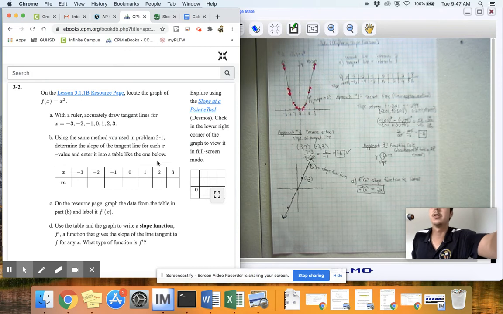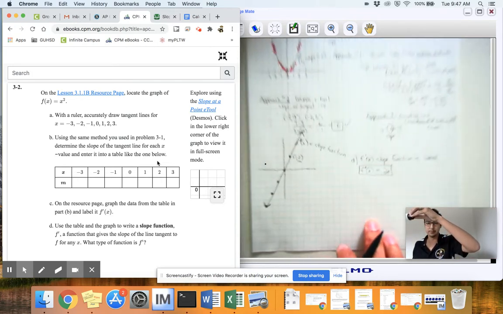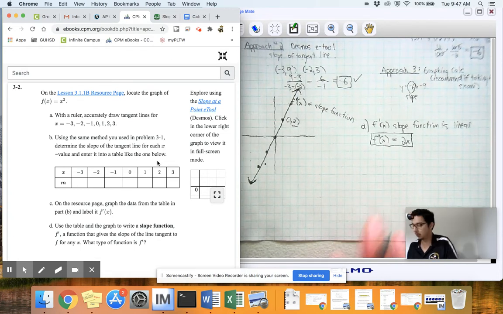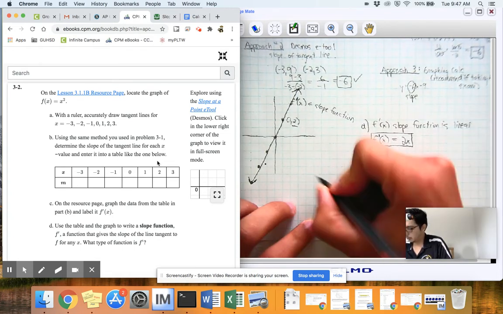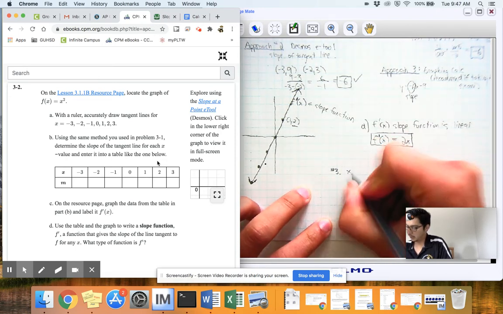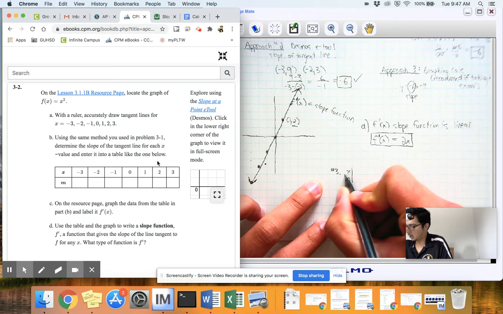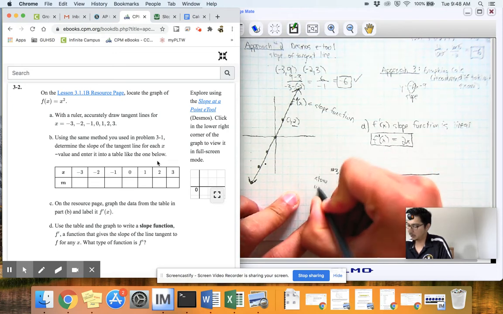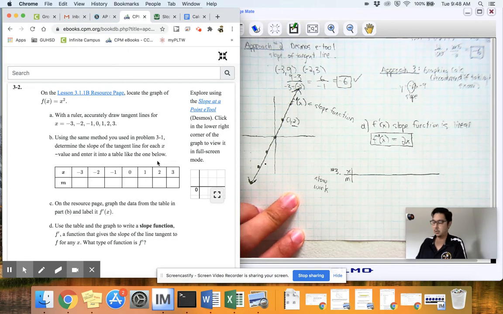I'm going to zoom in so you can hopefully see this better. We're going to go through a little bit more and then wrap things up on this video. For number 3, if you do number 3 correctly, I'm just going to show you the table. I would love to see some work still. Make sure you still show work so I know that you understand one of these approaches.